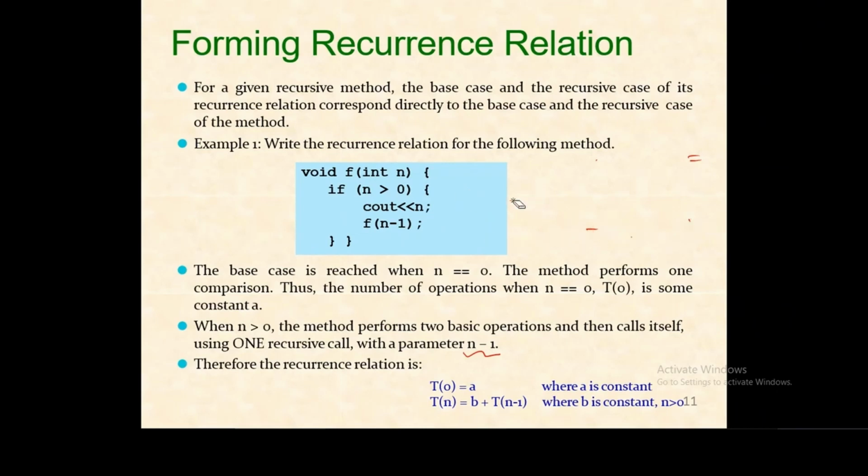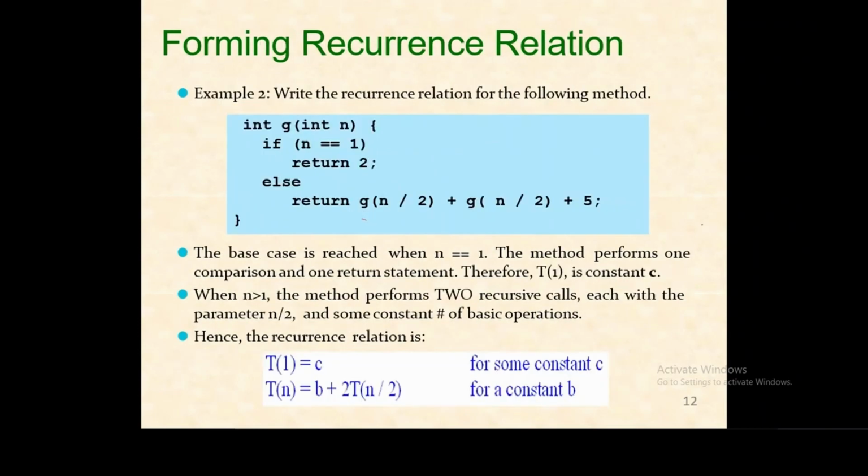Now let's take another example so that it will be clear to all. Let's suppose we are having another recursive function. If we want to formulate the recurrence relation for this, you can see here the function name is g, where we are passing a parameter n, and if the value of n equals 1, then it will return 2, otherwise it will return this.